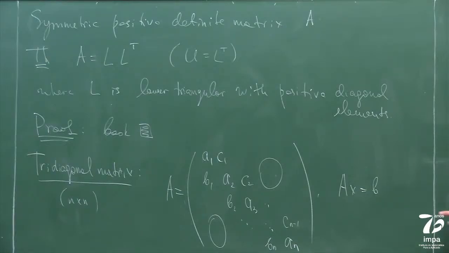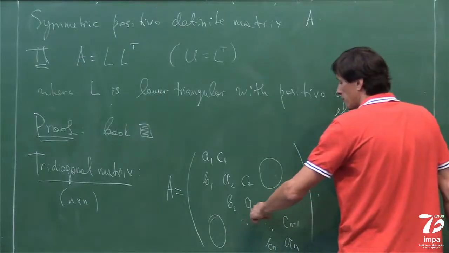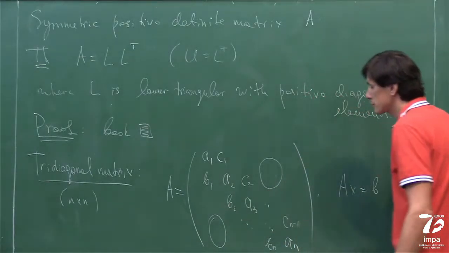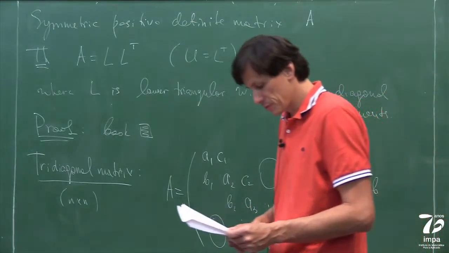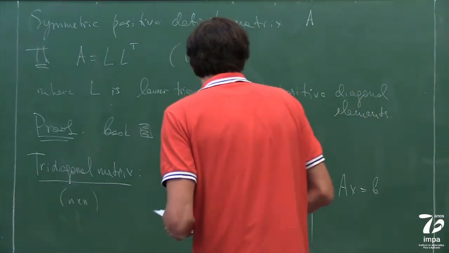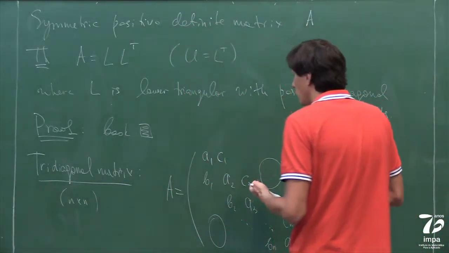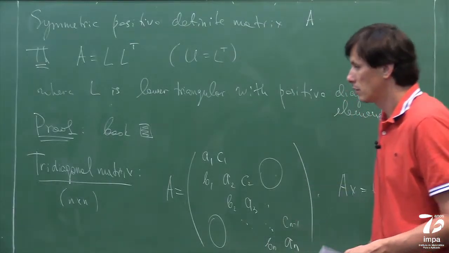Each equation is an equation between three adjacent numbers. We will see this, for example, if you make a finite difference scheme for partial differential equations. So exactly, three diagonal matrices appear for some of the schemes, and you need to solve them. So I will show you how it's done.